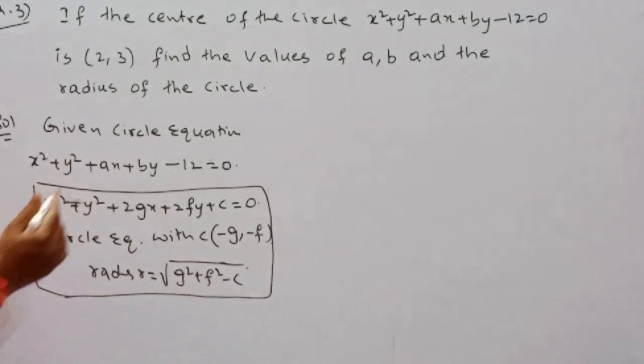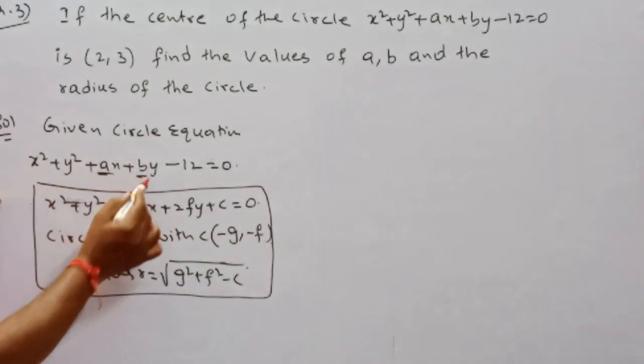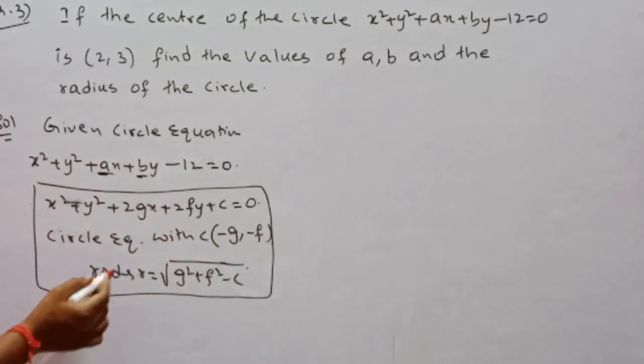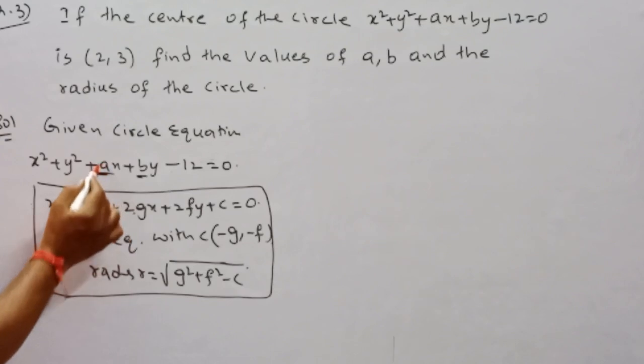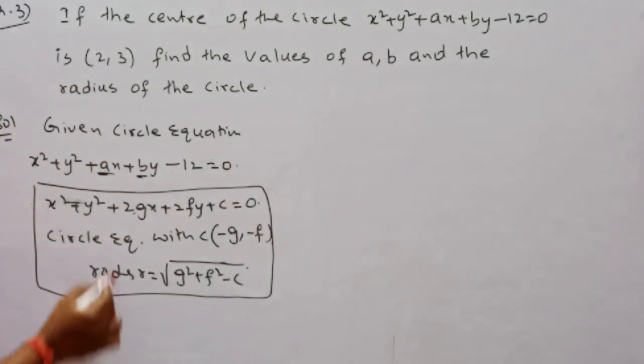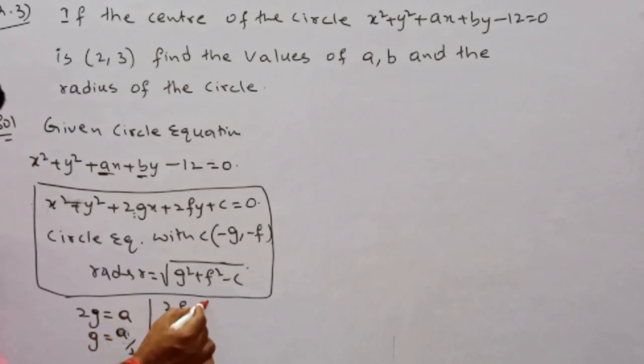Here, what is the center of the circle? Minus g comma minus f. Comparing with this equation, 2g is equal to a, so g is equal to a by 2. 2f is equal to b, so f is equal to b by 2.